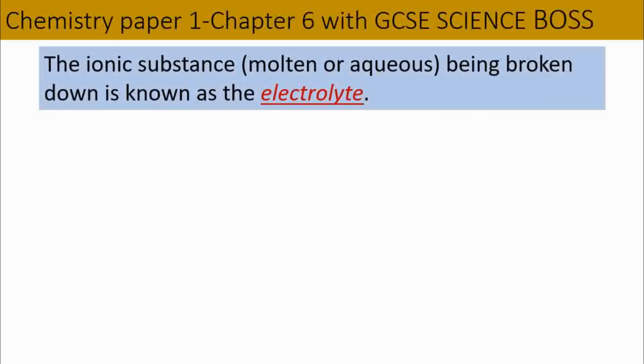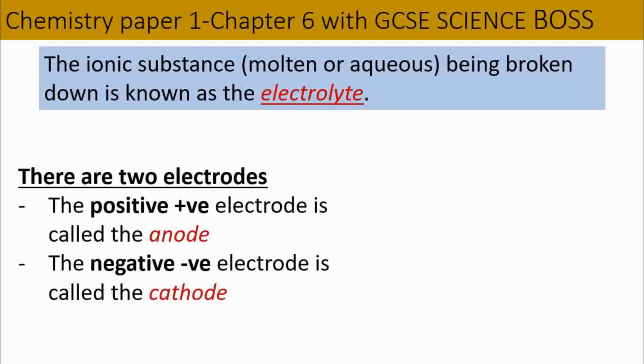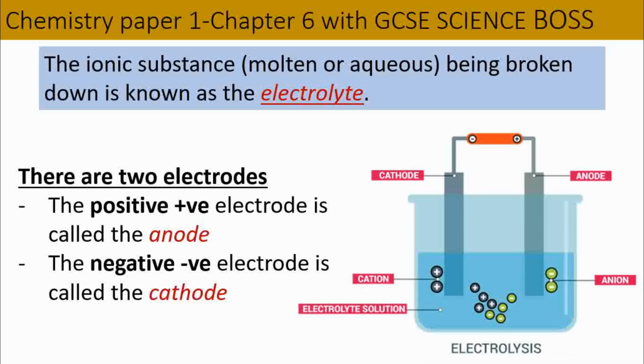Now the ionic substance being broken down by electrolysis is known as the electrolyte, and you have two electrodes, your positive electrode, which is known as your anode, and the negative electrode, which is known as your cathode. To remember this, you must be able to draw the diagram as well. As you can see in your diagram, the negative end is your cathode, and the positive end is your anode.